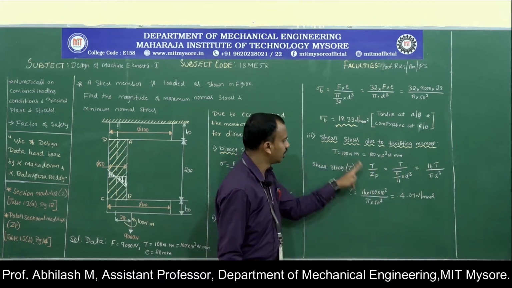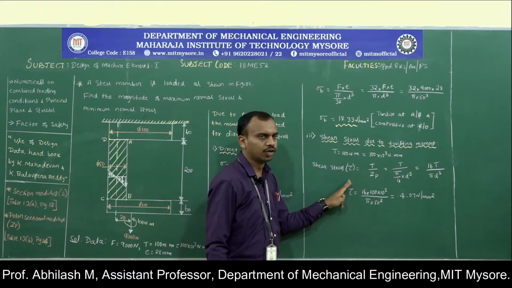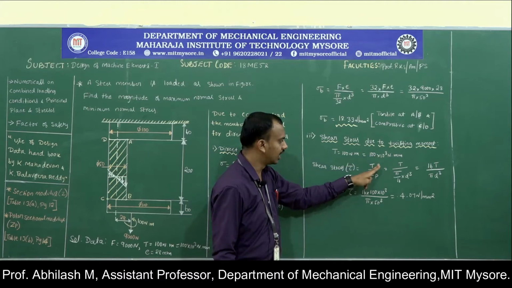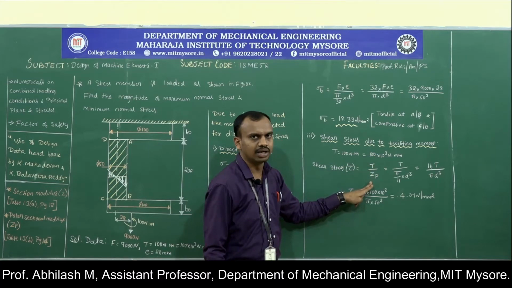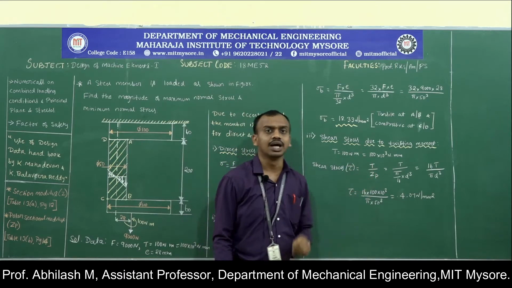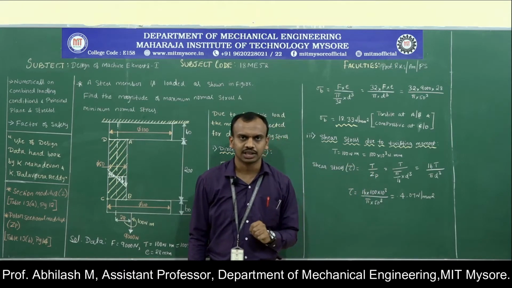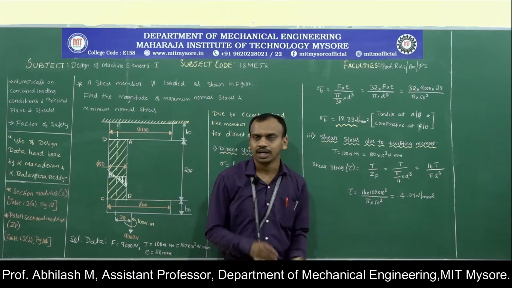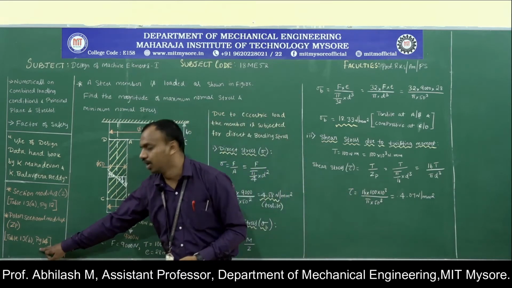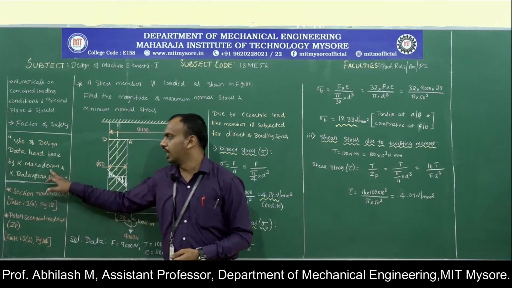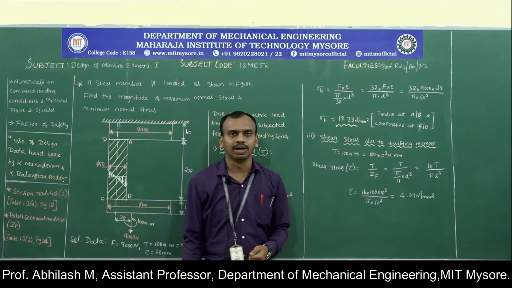So what is the equation for the shear stress? We know that the shear stress due to the twisting moment will be equal to T divided by Zp, where T is the twisting moment and Zp is called the polar section modulus. In order to know the relation for the polar section modulus, we refer to Table 1.3b, page number 14 in the data handbook of Madhavan and Balvi Reddy.